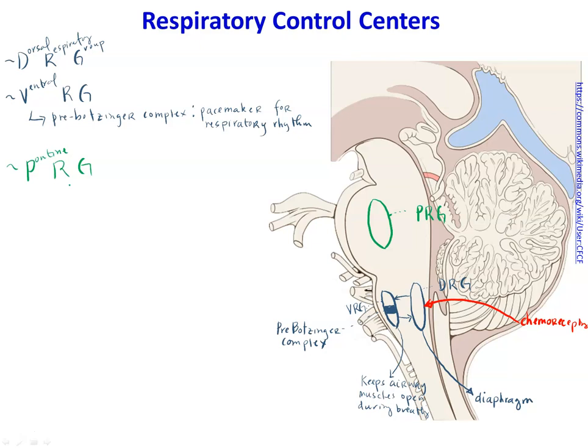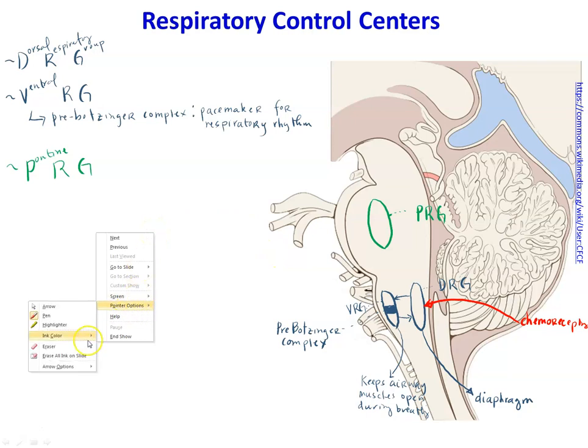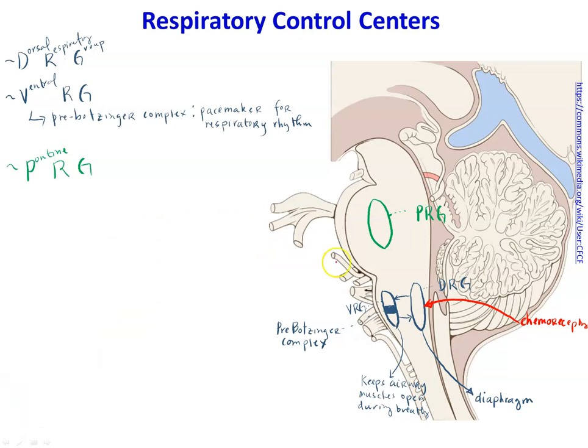Okay, it's a middle structure that allows us now to have these interneurons, that allows us to have synapses with the higher brain. Okay, so the higher brain centers are controlling this. So let me draw higher brain centers in red. And what do we mean by higher brain centers?